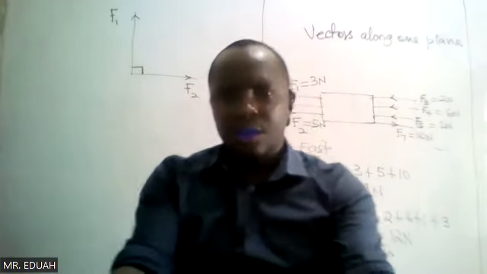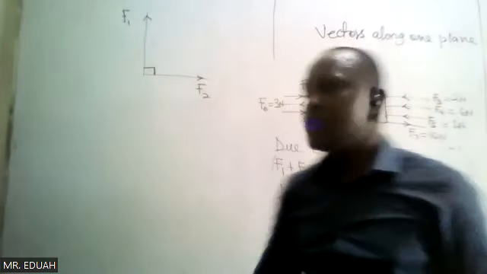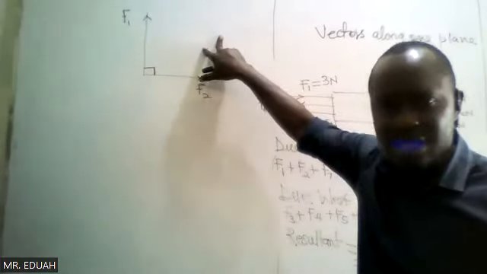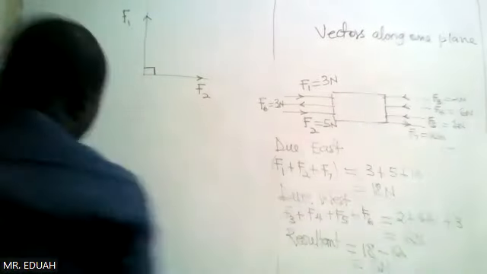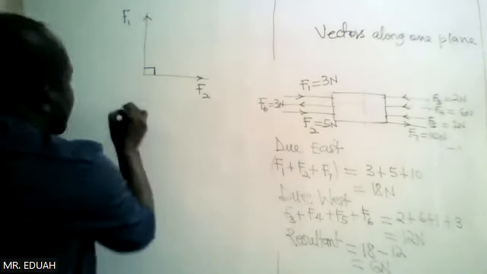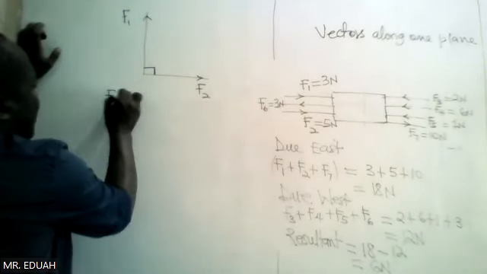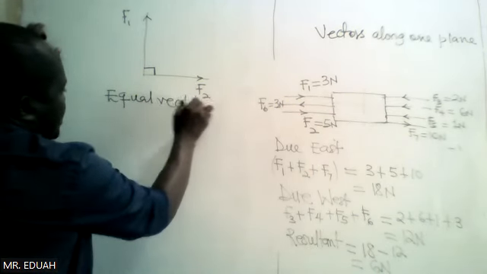So we are going to arrange the forces so that their directions follow a certain orderliness. How do we do that? We do that using what we call the equal vector approach.